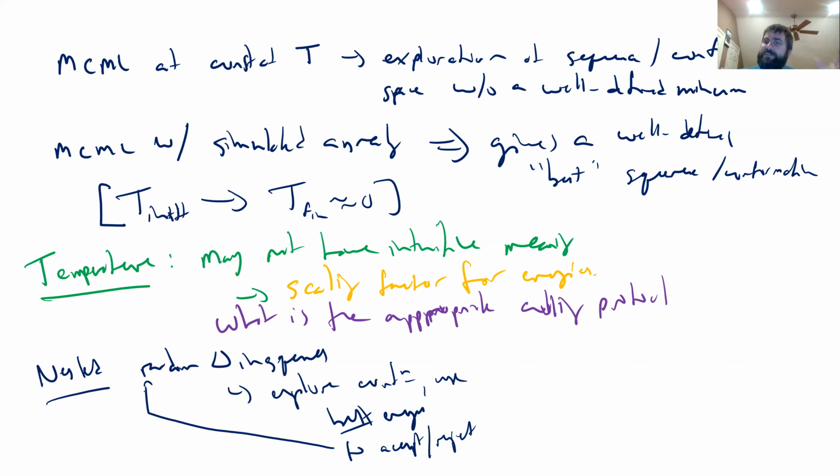This would be a fully nested structure, all using Monte Carlo, but where we're making Monte Carlo moves in sequence, and then we're doing a full Monte Carlo exploration of the conformational space before we accept or reject the move.